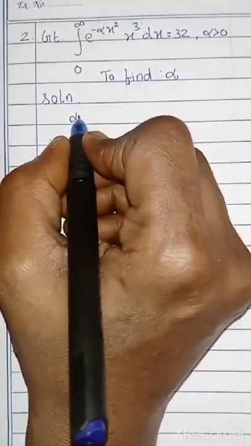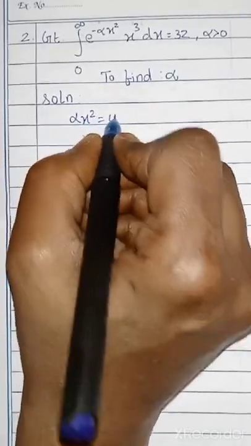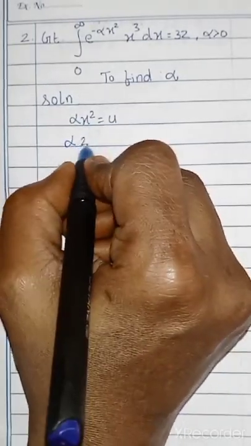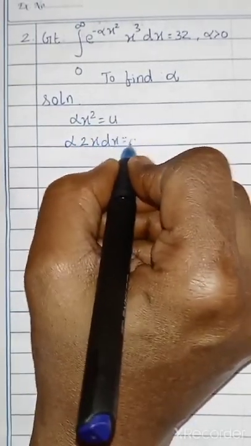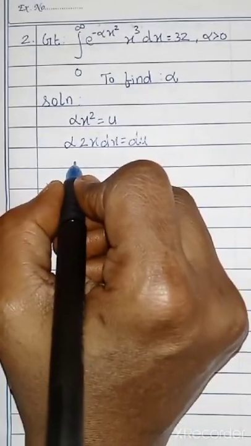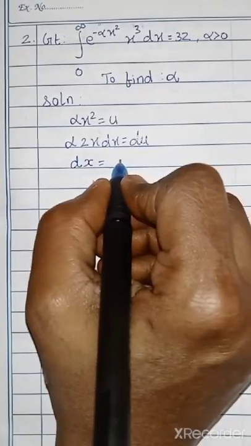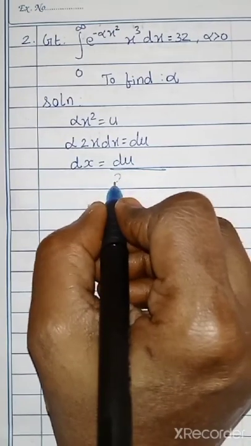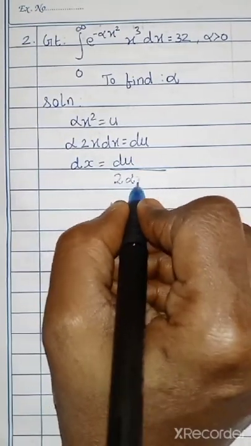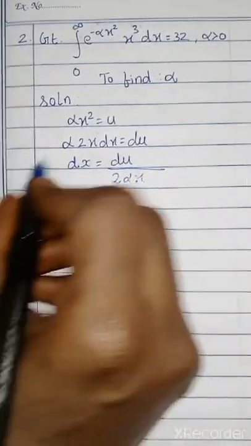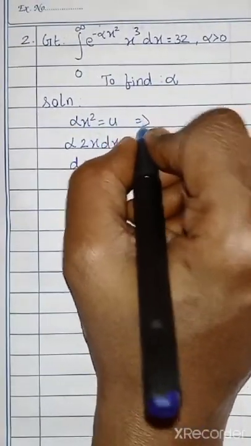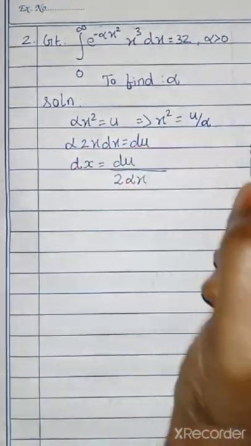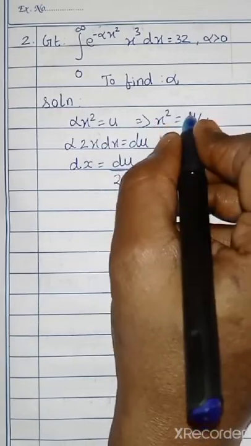So let alpha x square equal to u. இதை differentiate பண்ணோம்னா alpha x square differentiate, 2 alpha x dx, which is equal to du. And from this step, dx equal to du by 2 alpha x. Is that right? Now again from this step, we can take x square equal to u by alpha, so x equal to square root of u by alpha.